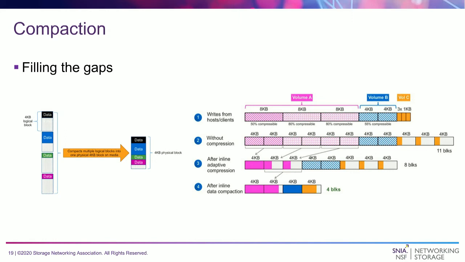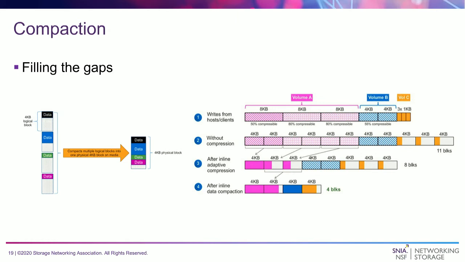And if you go back to our original, where we actually compressed some of the data, if you look at the after data compaction, we've done quite a bit of compaction. And in fact, that data has gone down from 8 blocks to 4 blocks. And in particular, volume C has gone down from using 3 1K pieces that meant 3 4K blocks, all the way down to 1 4K block with only a slack, if you like, of 1K at the back end.